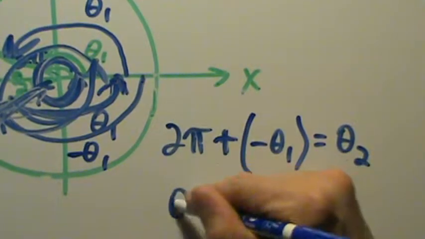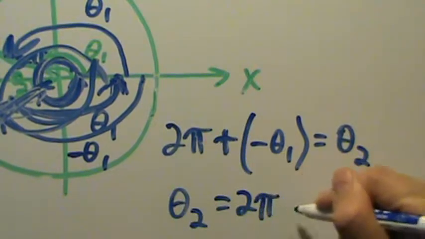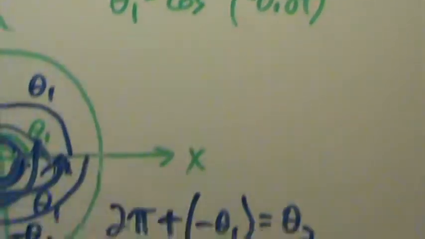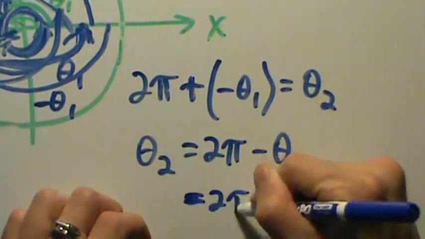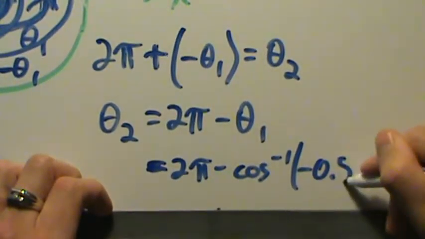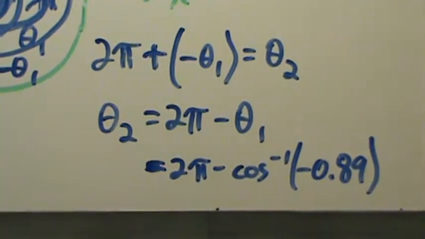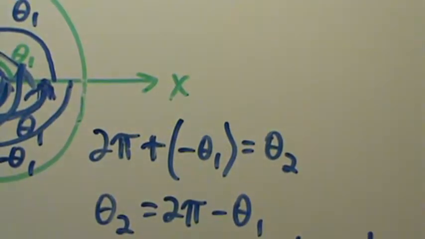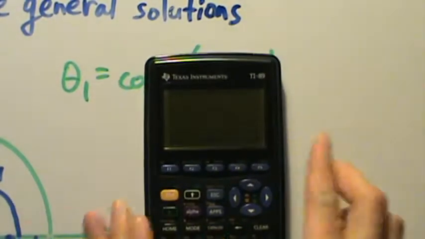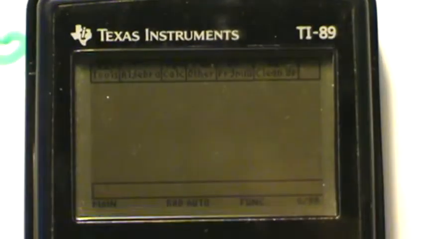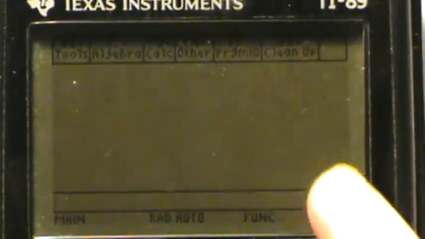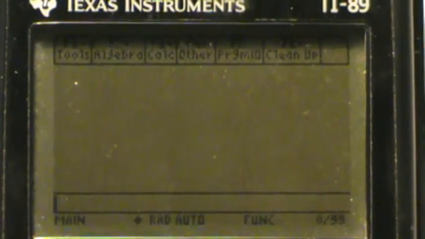So if we simplify that, theta 2 equals 2 pi minus theta 1. And we know what theta 1 is. It's the inverse cosine of negative 0.89. So this is 2 pi minus the inverse cosine of negative 0.89. Now we're ready to toss some stuff into the calculator. Again, make sure that we're in radian mode, and that we do the inverse trig.